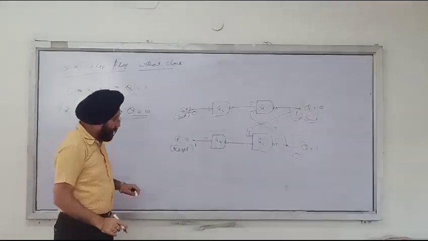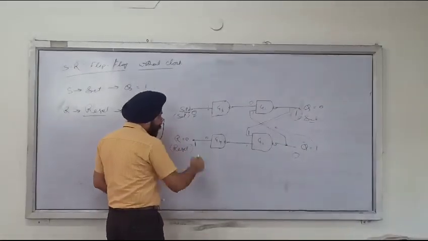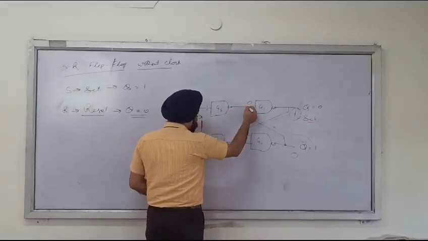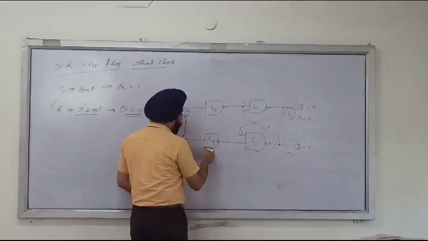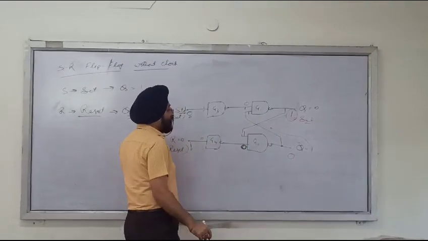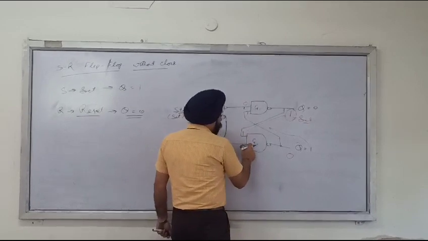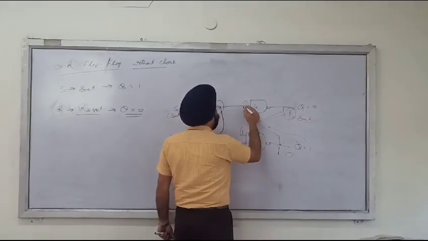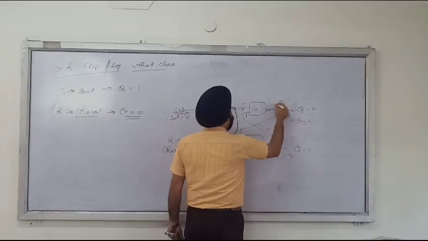Now what will happen? In this case, if S is equal to 0, this is an inverter, it converts into a 1, and again in this case it is 1 and it is converted into a 0. Now this is 0 and 1, and this one goes to this side. This will be 1 and 0.